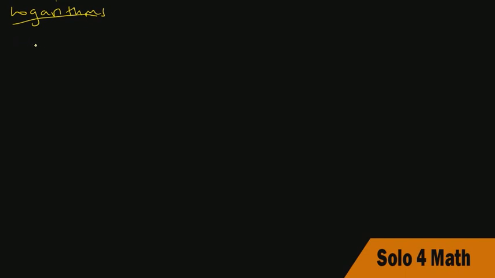A logarithm is written in the form C equals log A base B, where C, B and A are numbers, integers. We call this C the exponent, we call this the base of the logarithm, and we call this A the argument.